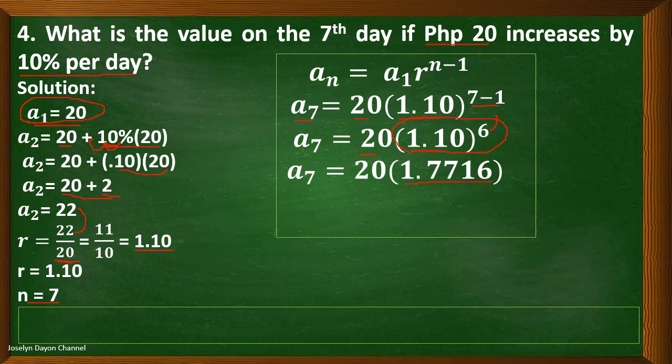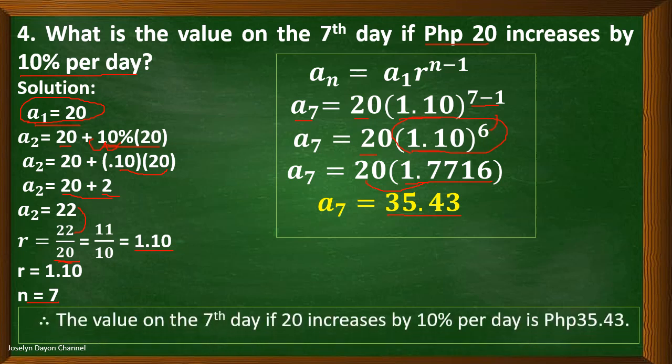Just round your answer to 4 decimal places. Next, multiply this one by 20 and round your answer to the nearest hundredths. So we have now 35.43. So it means that the value on the 7th day, if 20 pesos is increased by 10% per day, is 35.43 or 35 pesos and 43 cents.